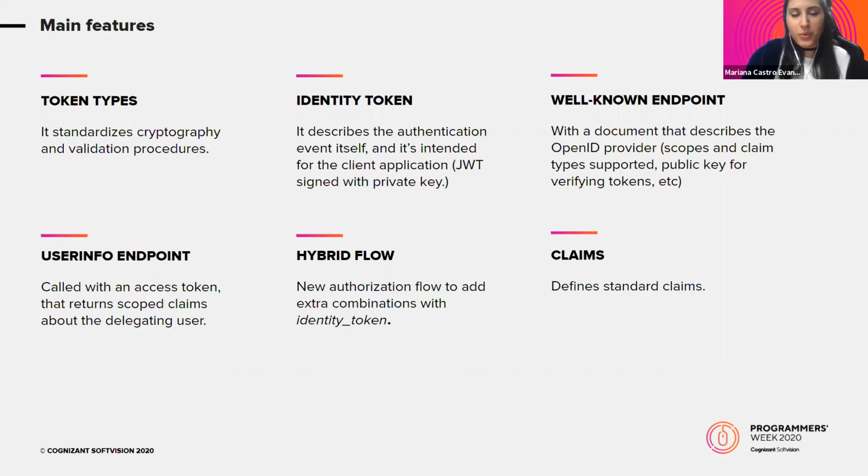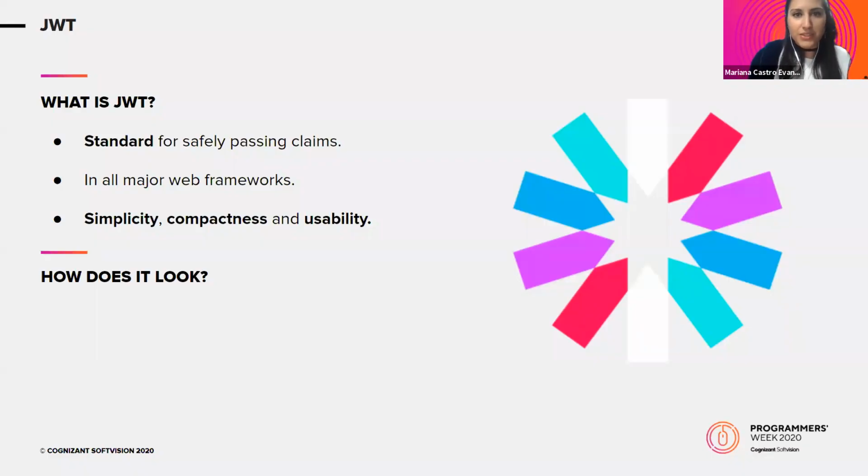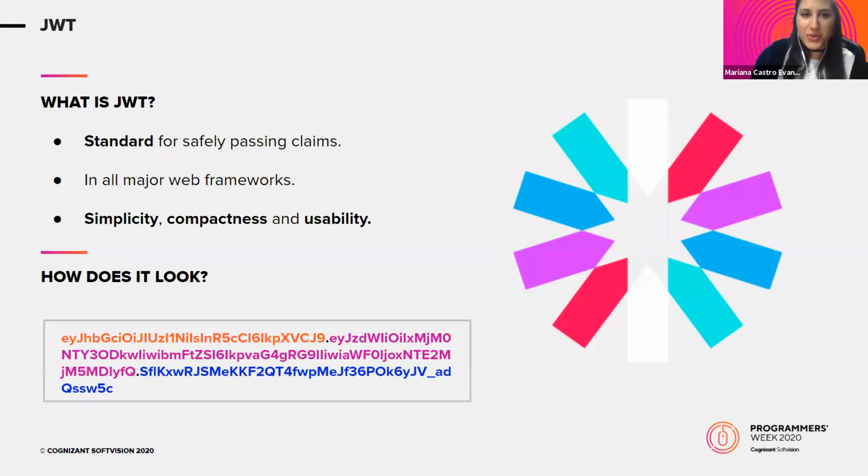Now, we mentioned JSON Web Tokens, so that's the next thing that we're gonna try to understand. JWT, pronounced "jot", is short for JSON Web Tokens. It's a standard for safely passing claims that nowadays is supported by all major frameworks, and that's because of its simplicity, compactness, and usability. And this is how a JSON Web Token looks. We're gonna try to understand what all these letters mean.